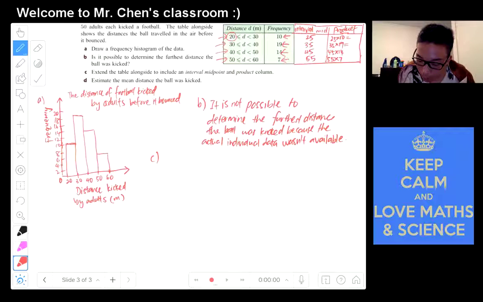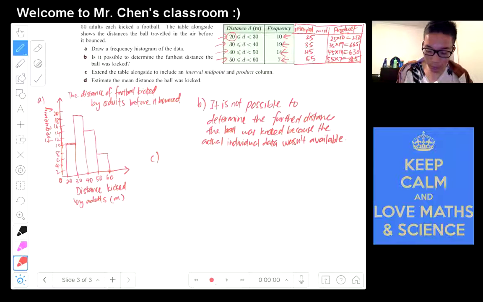Okay, so if I'm going to use my calculator quickly, 25 times 10, that's 250. Alright, I don't need a calculator for that. I do however need 35 times 19, which is 665, and then 45 times 14, which is 630, and 55 times 7 is 385.